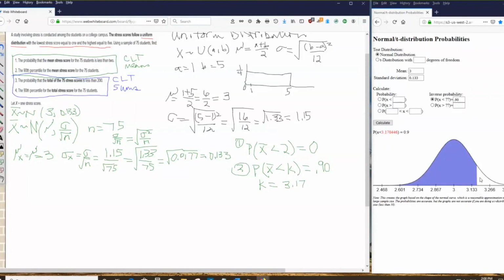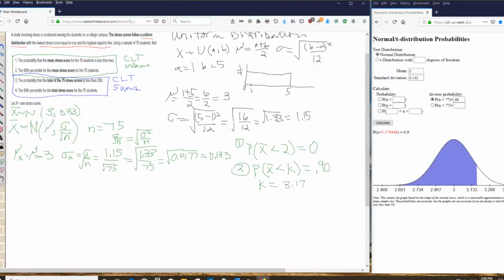Okay, any questions? Okay, let's go on to the second half of this problem. The second half of the problem is wanting to use the total of the 75 stress scores. So that tells us we're going to use the Central Limit Theorem for sum.